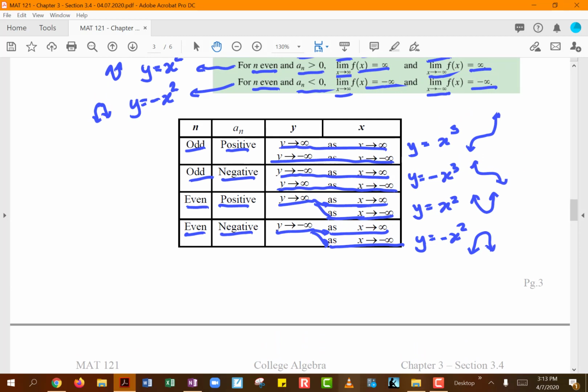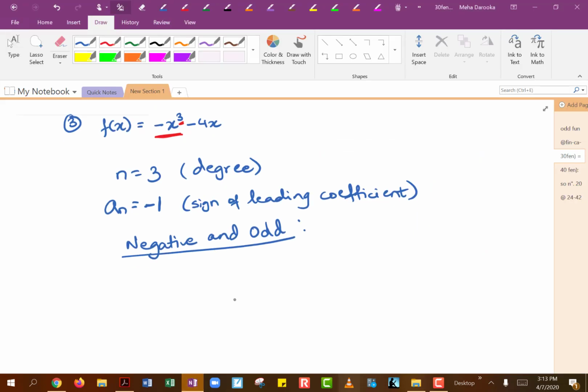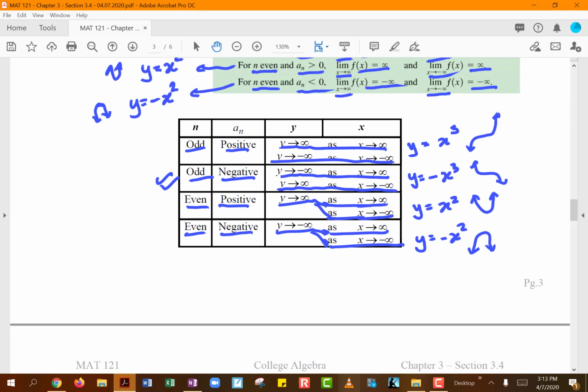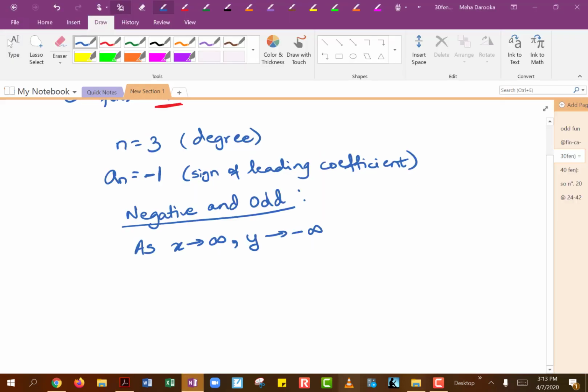Okay, so when you are writing this, we will say as x goes to positive infinity, your y value will actually go to negative infinity. And again, I'm just using this table to help us out. So the second one, as x goes to negative infinity, your y goes to positive infinity. So this is one way of writing your answer.